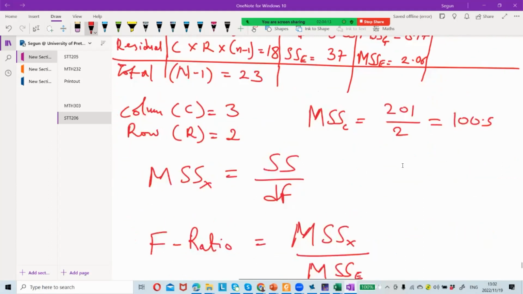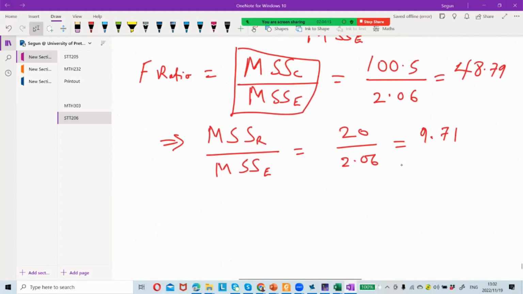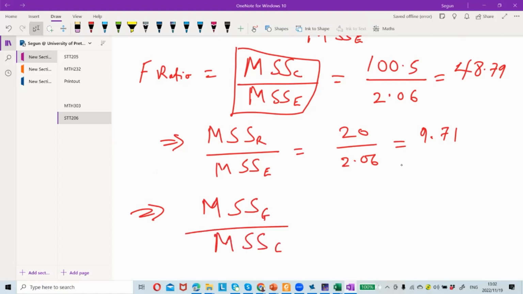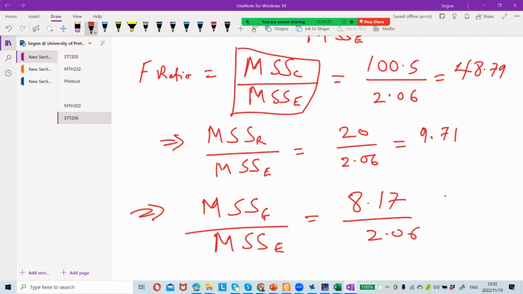So the last one is what? MSSG divided by MSSE. 8.17, right? Yes. Divided by 2.06.